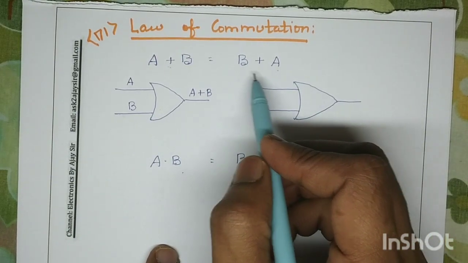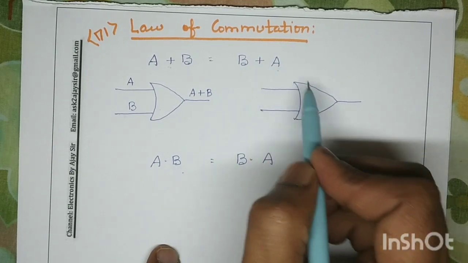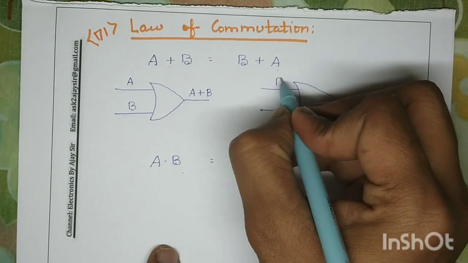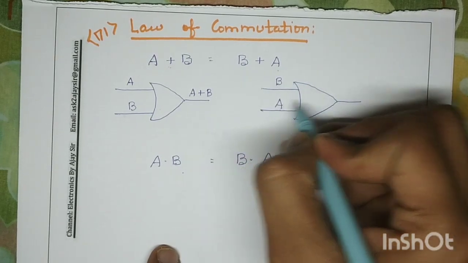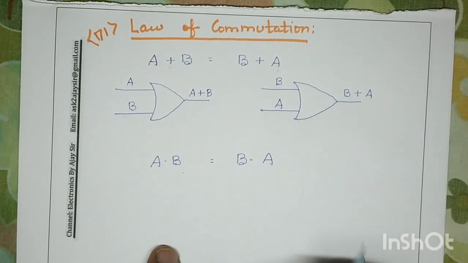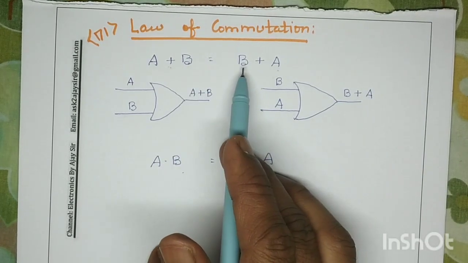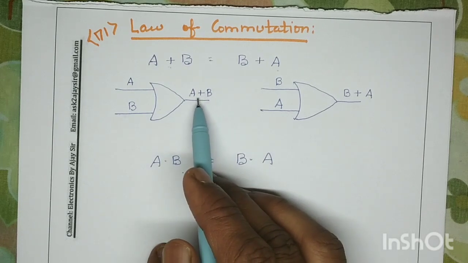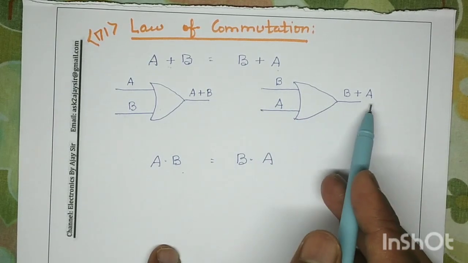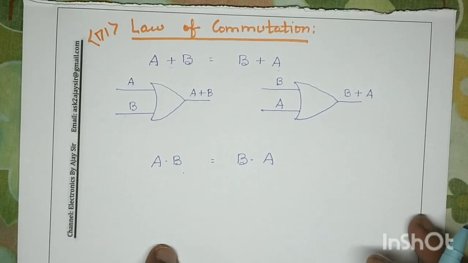Right? There are two inputs B and A, so I have used here a two input OR gate. The inputs are B and A, and it will give you the output B plus A. So according to this equation, practically A plus B and B plus A should be same.